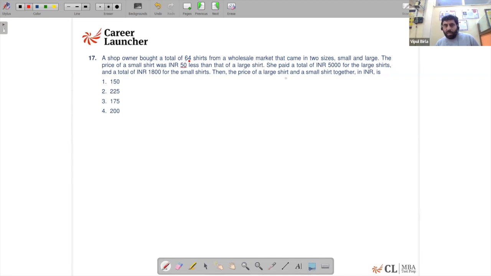Then the price of a large shirt and the price of small shirt together is, so the price difference is 50 rupees. So assume that price of a large shirt, let's say, is Y rupees. So therefore, price of the small shirt will be nothing but Y minus 50, because their gap is 50.